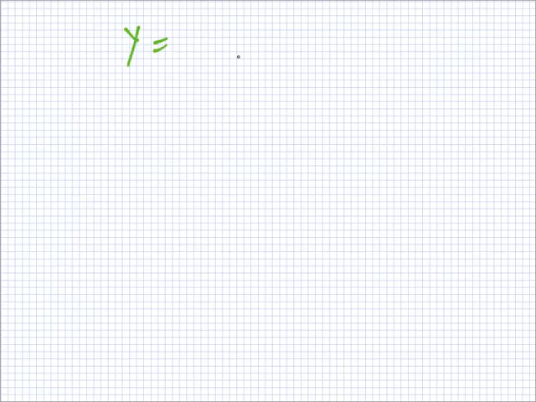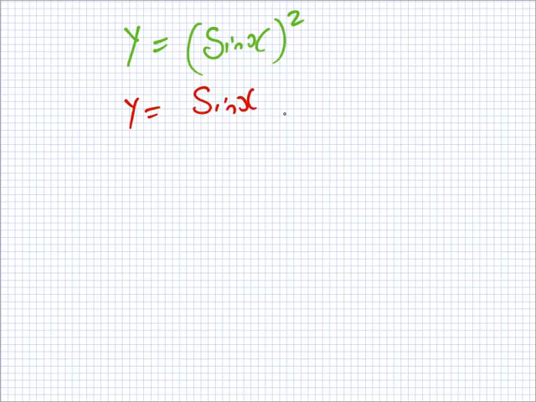Some of the questions you might notice would have a square in it. Something like this. And in fact, when you think about it, that's really the same thing as sine x multiplied by sine x. So me just putting the square in was just a little trick, okay? Squaring, you can use the product rule, because square means multiply by itself.